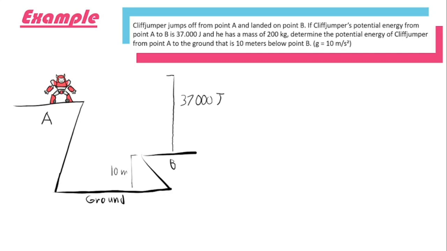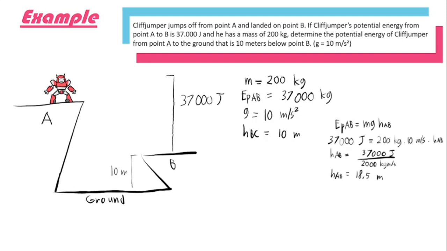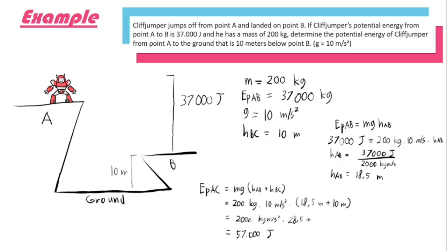We already have a bunch of variables here. So first, we're just going to have to find what the height between point A and point B is, which is around 18.5 meters. Then we can find the total potential energy from point A to point C using this equation, and it totals around 57,000 joules.